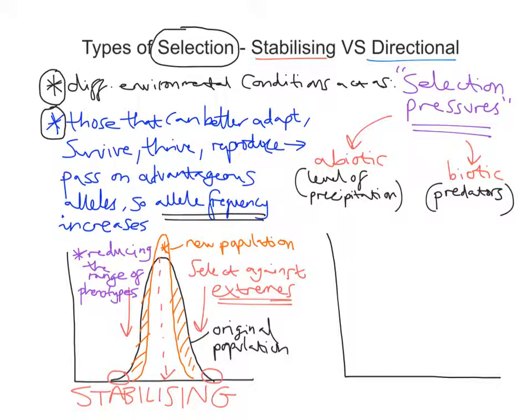Now let's look at directional selection and see how that changes. So we've talked about stabilising. Let's look at what happens with directional selection. So if we have our original population again, so let's just draw that in.